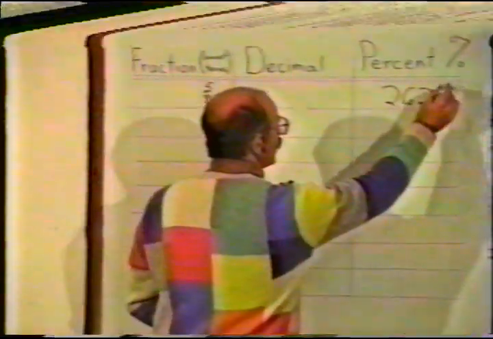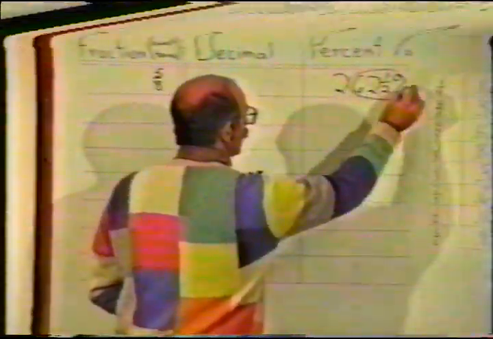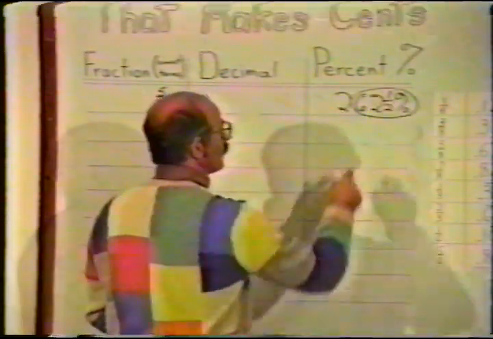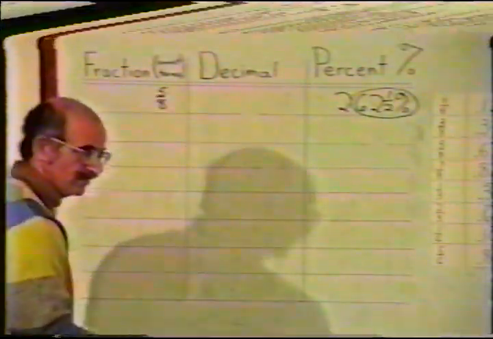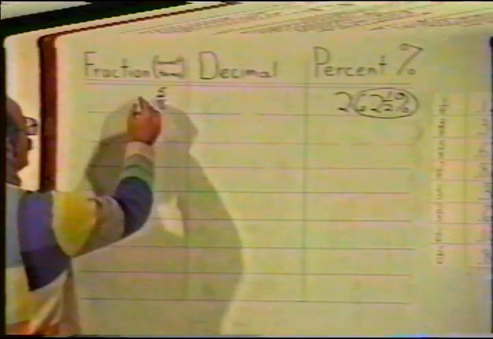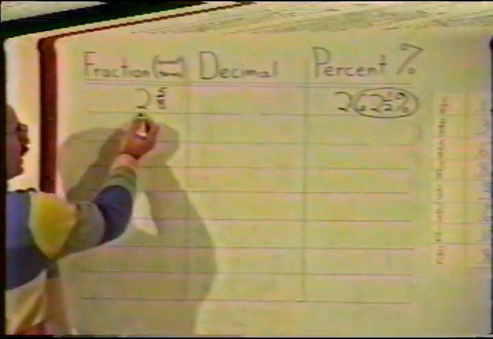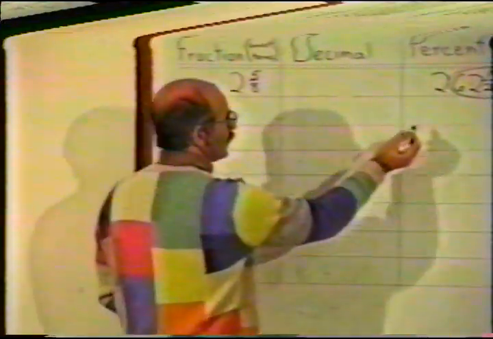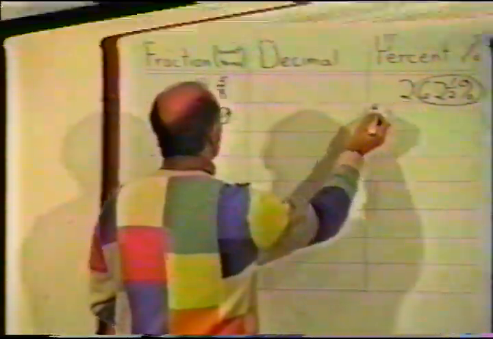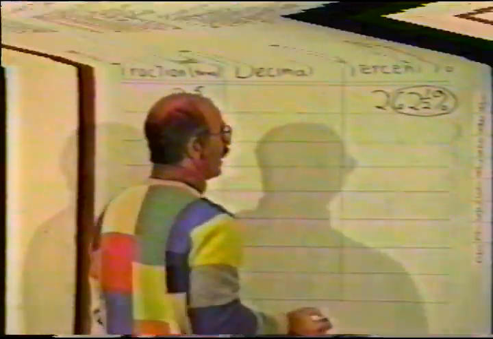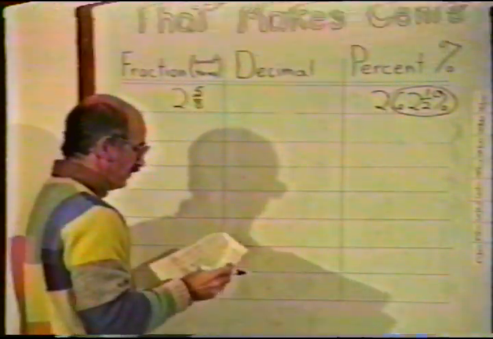This part of it here is 5/8. And what is 200% equal to? 2. Just plain 2. So we see, if we work in the other direction, that 2 is 200% and the 5/8 is 62.5%.